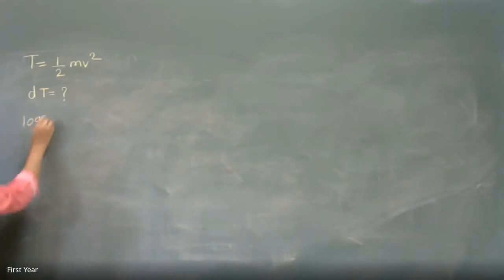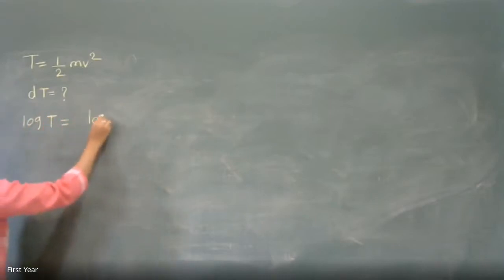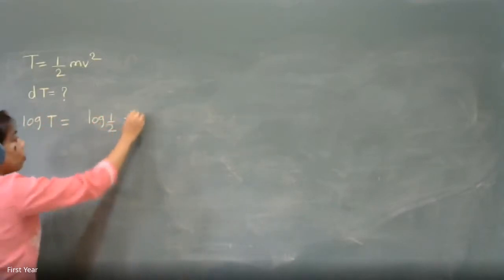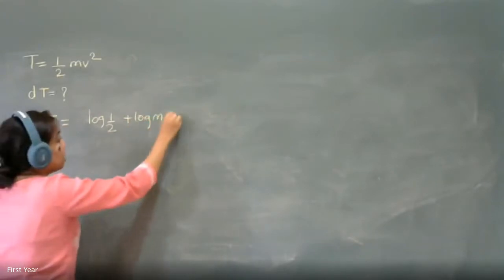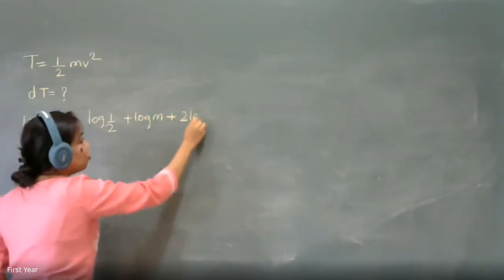If I want dT, I have to first differentiate that equation. If I differentiate it directly also, it is okay, but then you have to substitute properly. So let's go by taking log. Log of T is equal to log of R plus log of m plus log of V squared, which is 2 log V. Is this clear, everyone?